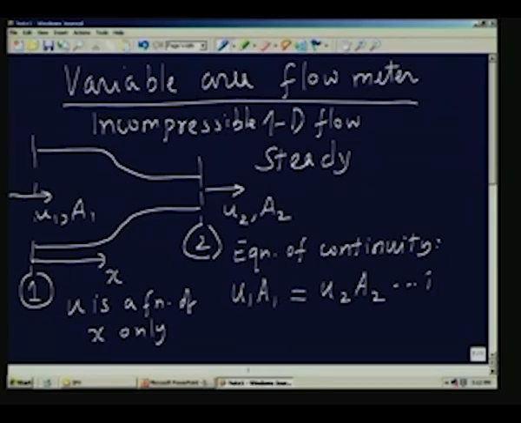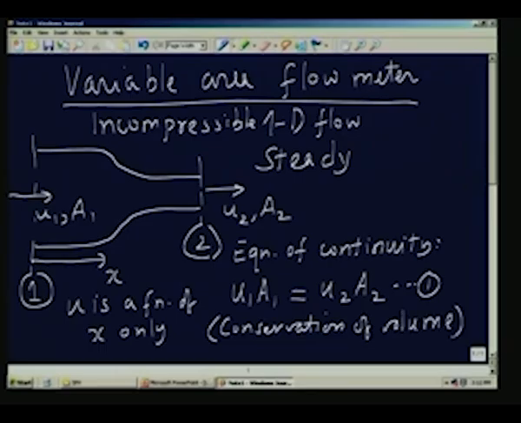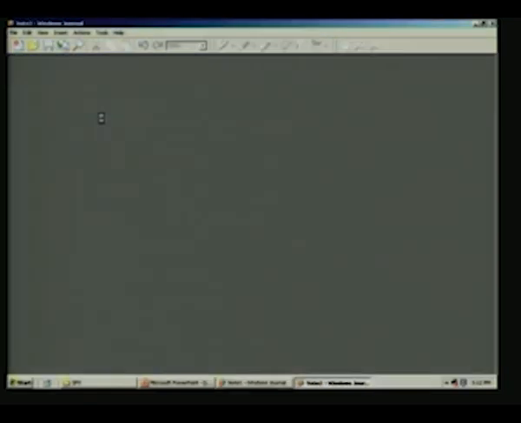So, we can call this equation 1, which is actually conservation of volume, because density is constant, conservation of mass is satisfied once the conservation of volume is satisfied. The second equation I am going to use is the momentum equation, which can be actually integrated, assuming that the velocity is constant across the cross section.